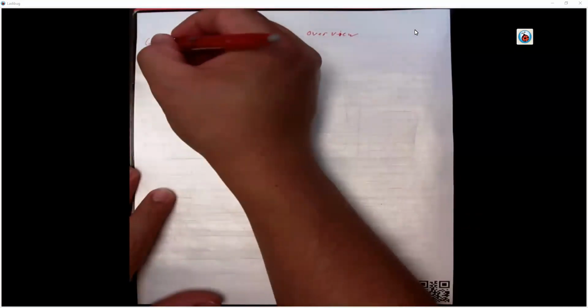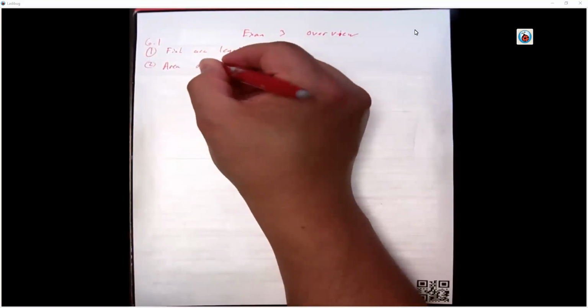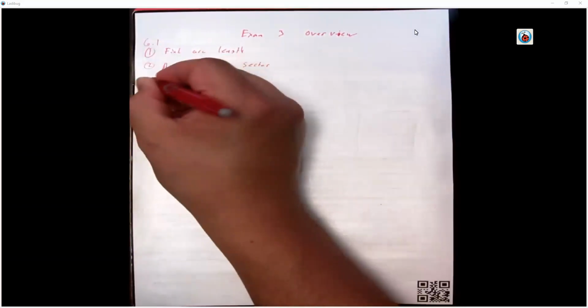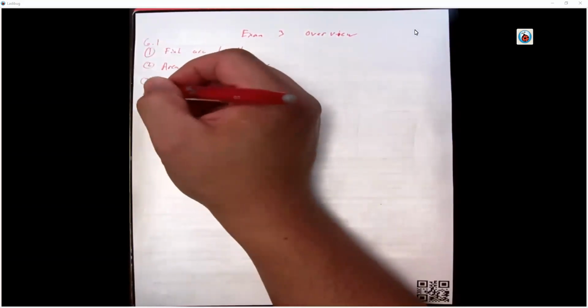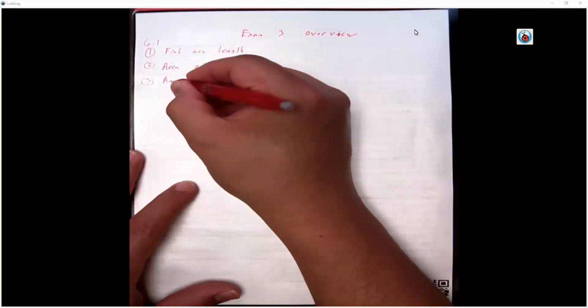So for 6.1, I will probably have you find arc length and area of a sector. I don't know if I'm going to ask about angular speed and linear speed, but that was a main topic.